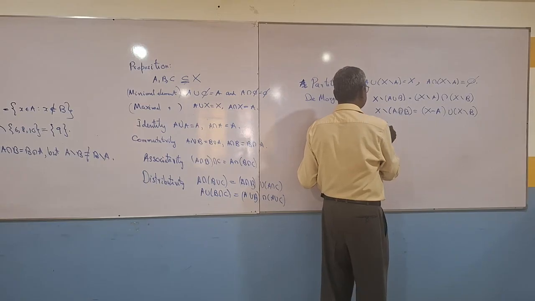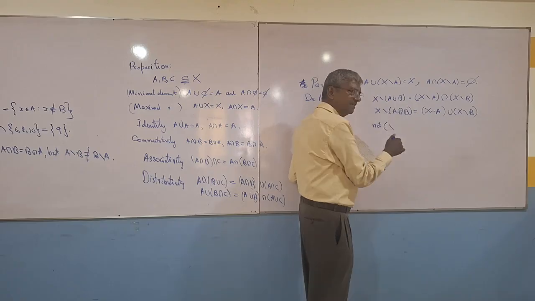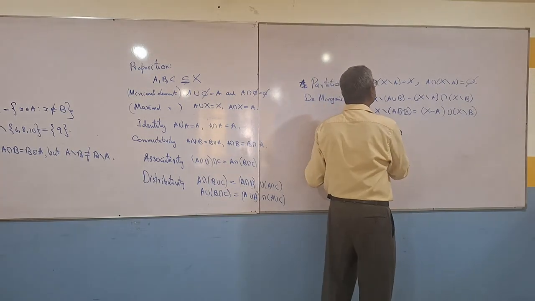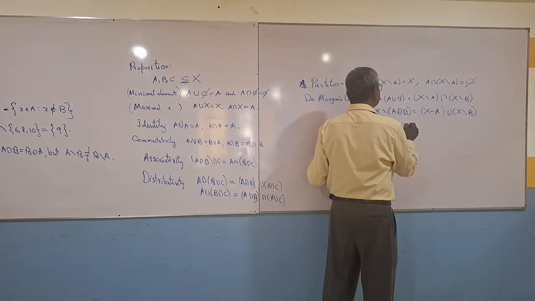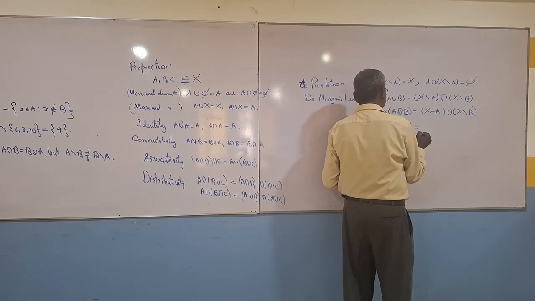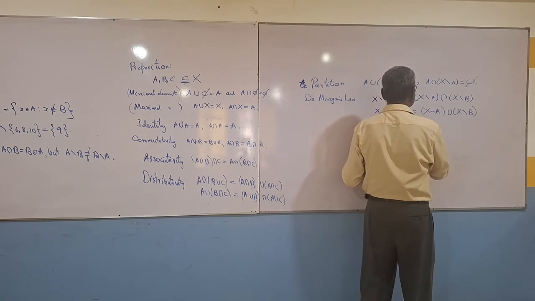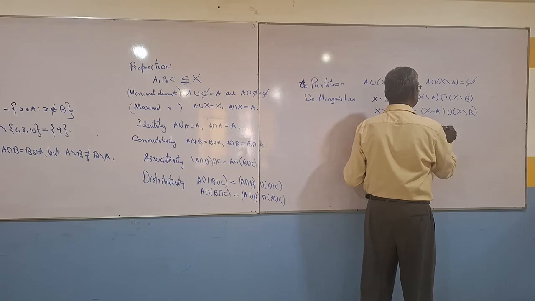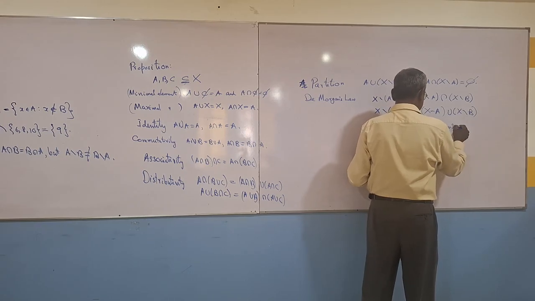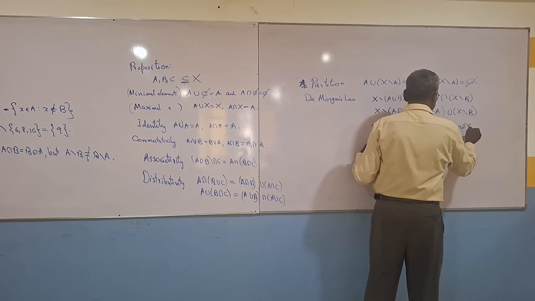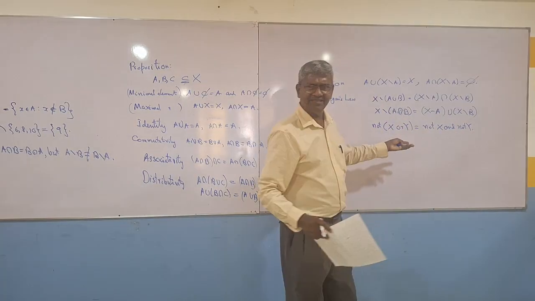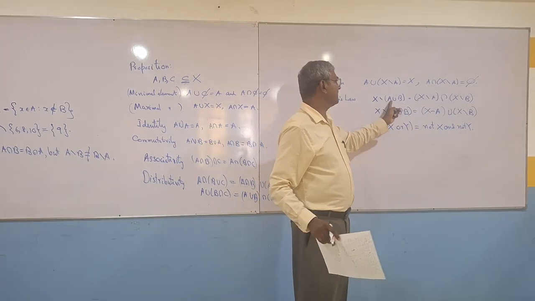I don't know whether I gave you this as homework. Here X is a set; here X is a statement: not (X or Y) is not X and not Y. Negation of X or Y, we discussed, no? Same thing here.